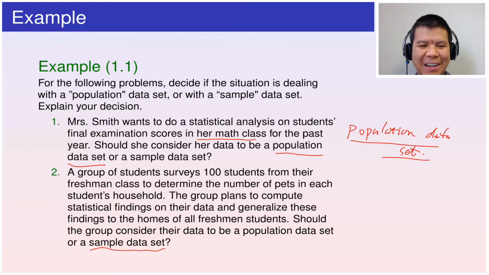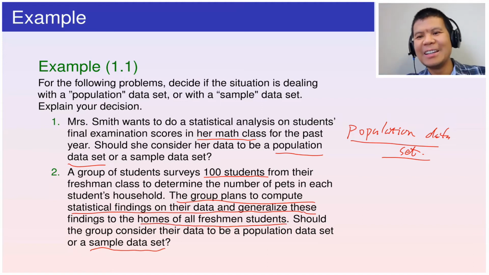Why is it a sample data set? Because they just surveyed 100 students from their freshman class, and from this sentence we know they generalize these findings to the homes of all freshman students.